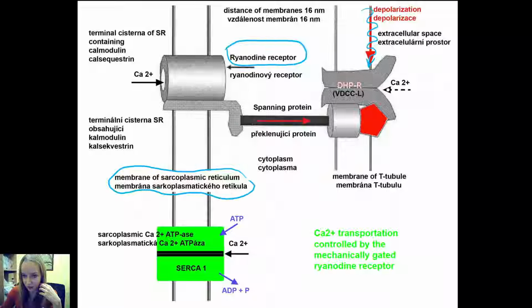The ryanodine receptor is connected with a spanning protein, which is here, just like a normal protein, which is attached to the ryanodine receptor. It's attached to some subunit here. And it's connecting this ryanodine receptor with a very special receptor, the VDCCL receptor, this one here, which is located on the membrane of a T tubule.